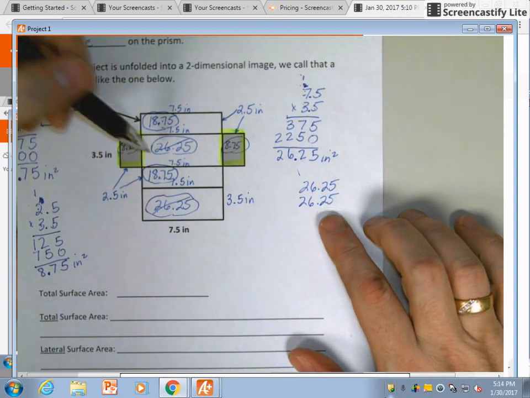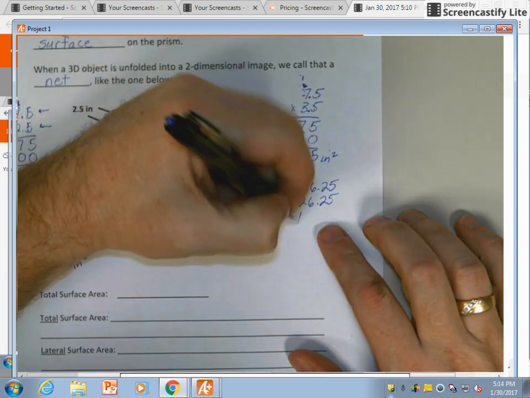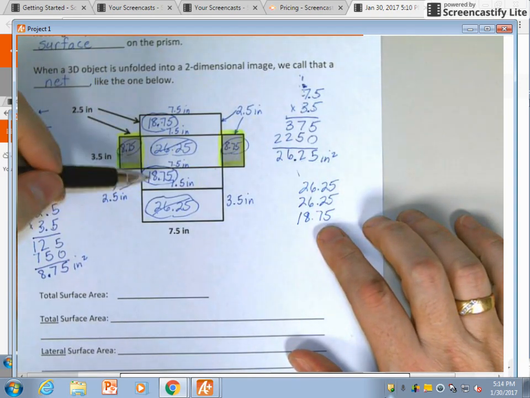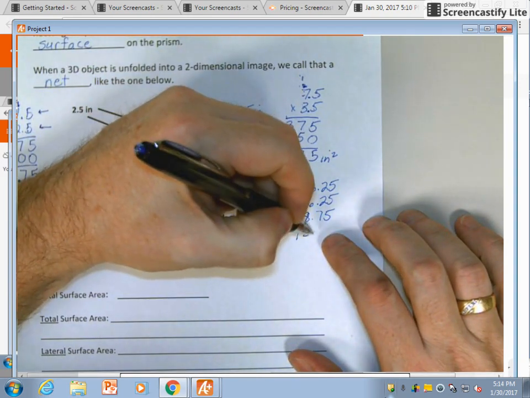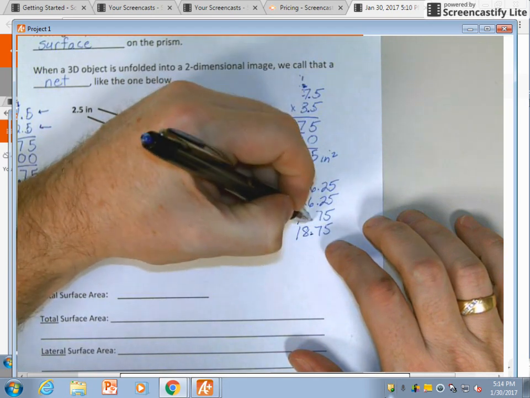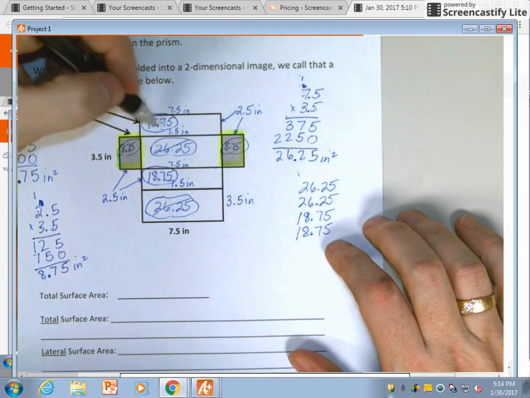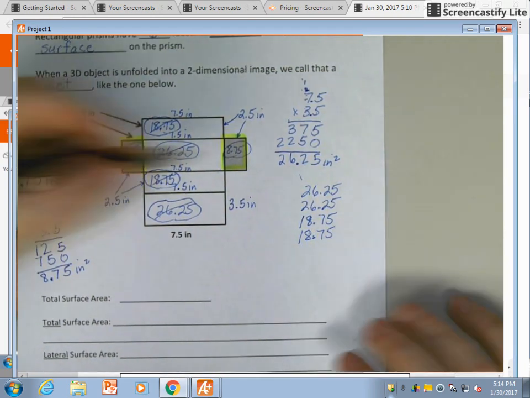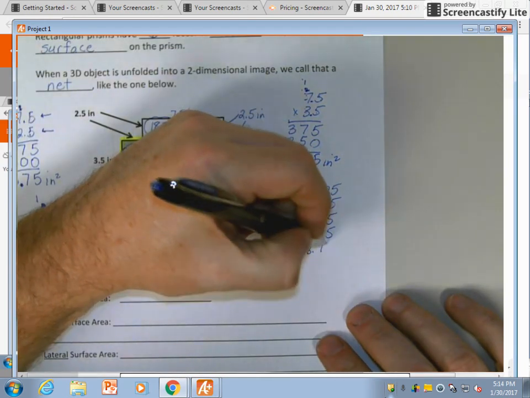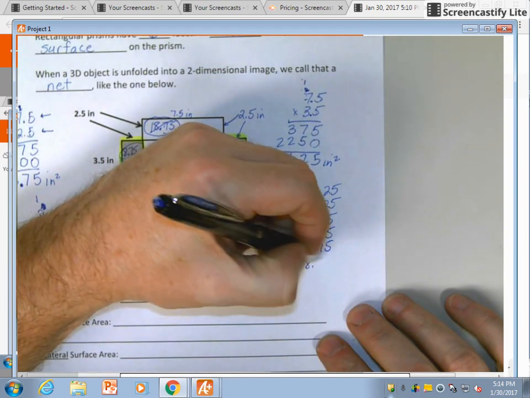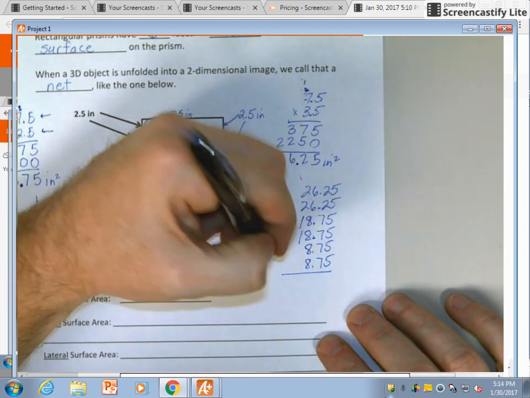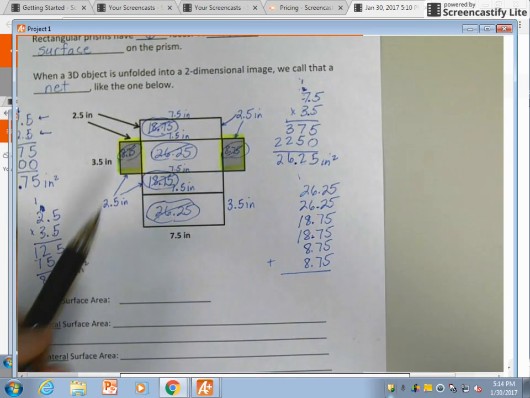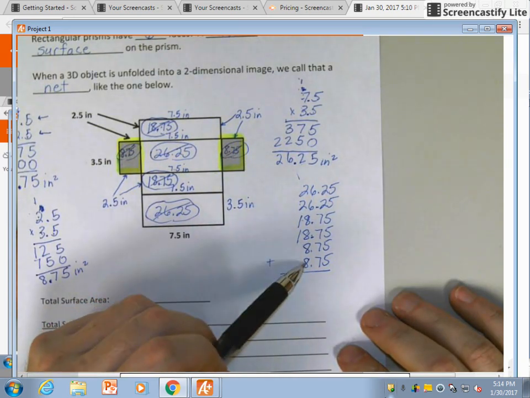I know I'm not going to use them again. And then 18.75, once there and once here. I'll scratch those off. And now I have 8.75 at each of those. And that's all my numbers, and I have them all scratched out. I should have 6 values. 1, 2, 3, 4, 5, 6. I do.